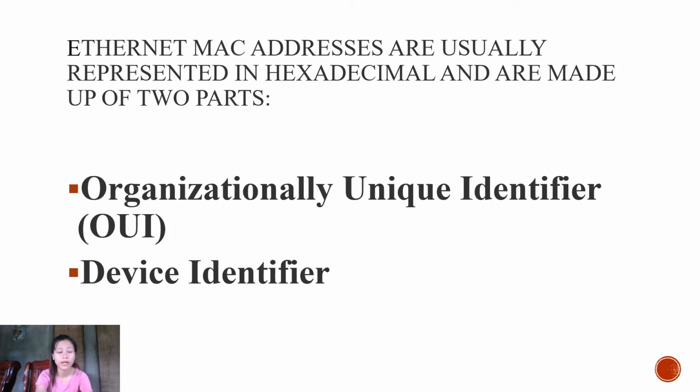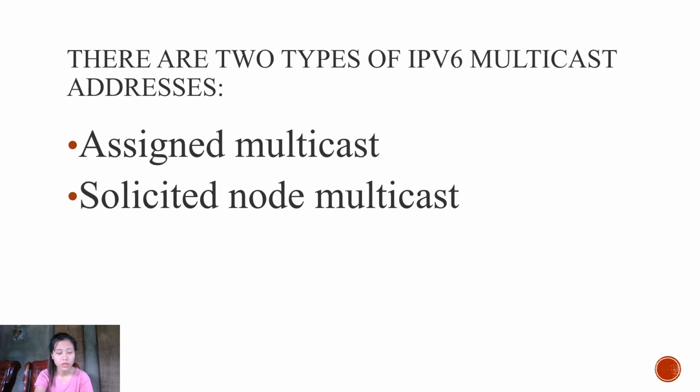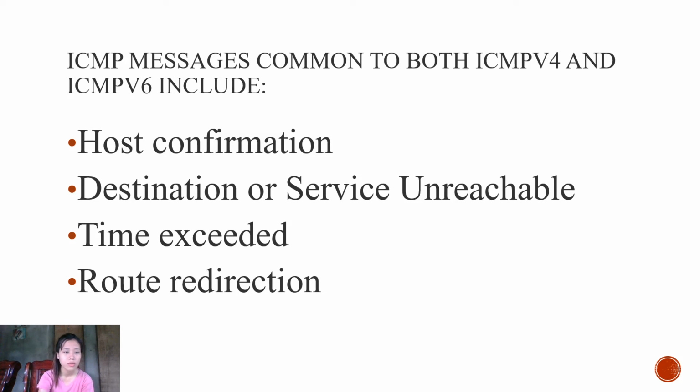Assigned multicast addresses are reserved multicast addresses for predefined groups of devices. An assigned multicast address is a single address used to reach a group of devices running a common protocol or service.